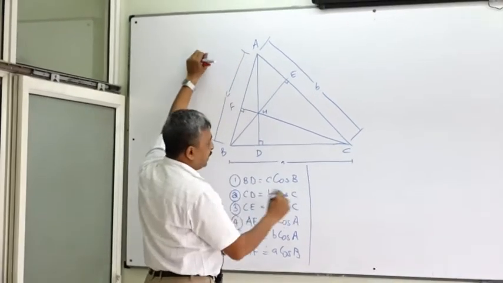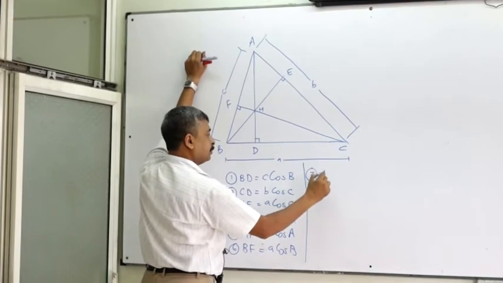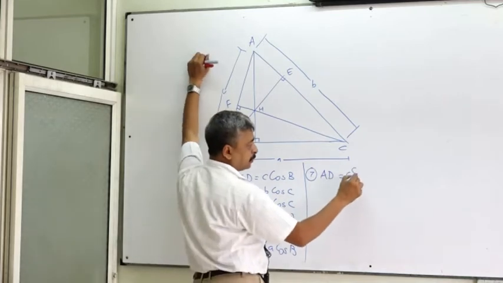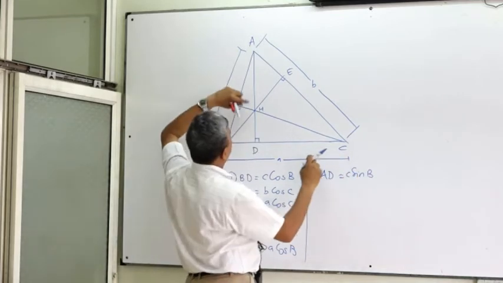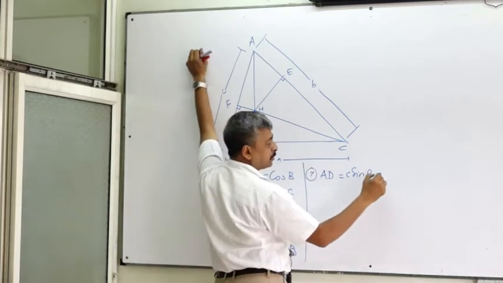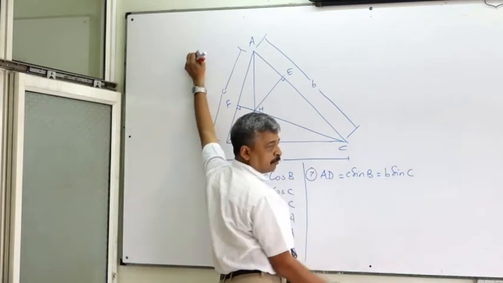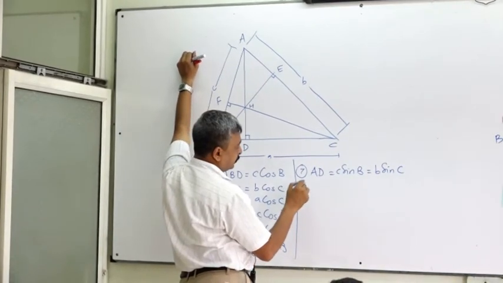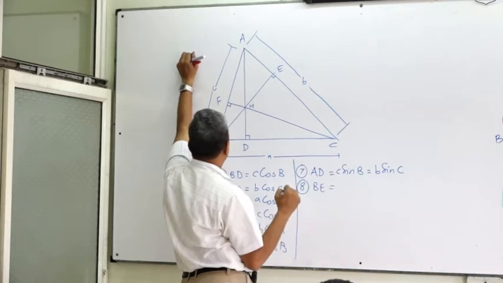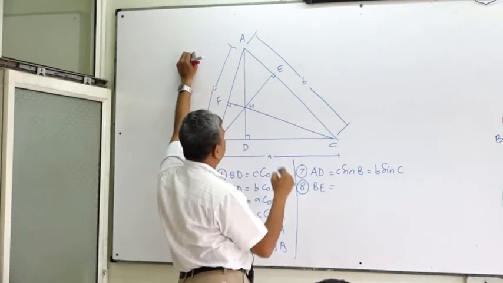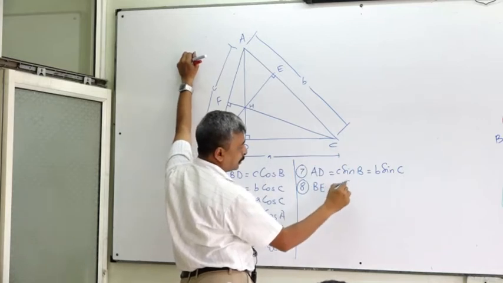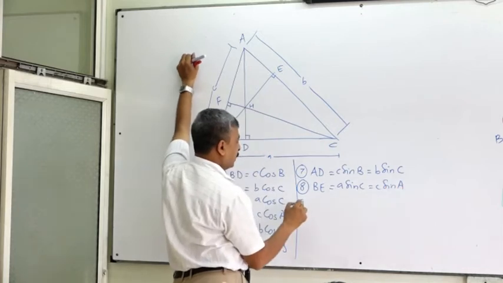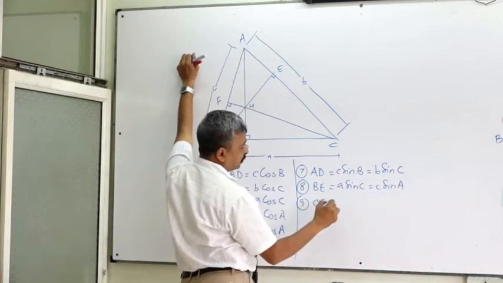Now how much is AD? C sin B or B sin C. Is it okay? Both ways you can look at AD. AD is done. BE, how much is BE? A sin C or C sin A. CF is how much?